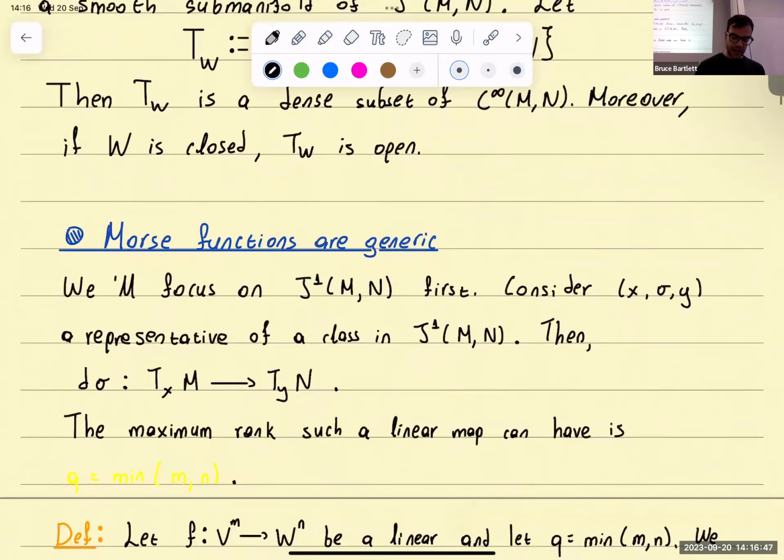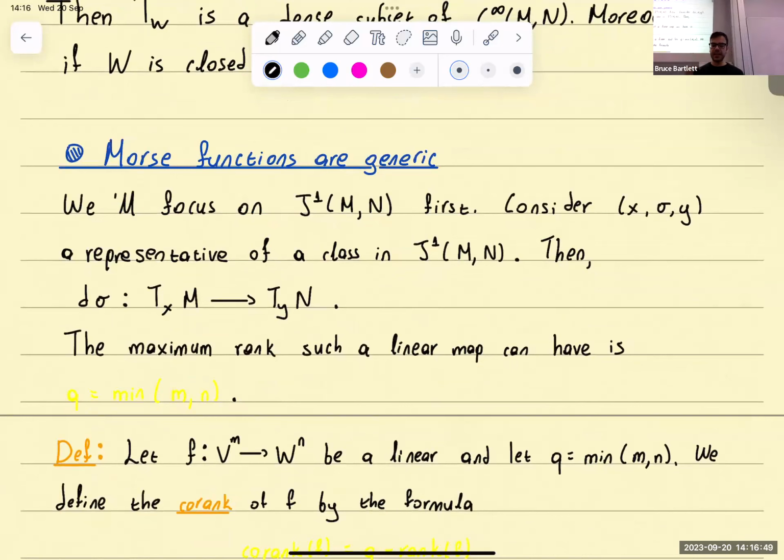But first I want to prove in detail that Morse functions are generic, because the argument is quite nice. So the space of Morse functions is open and dense in the space of all smooth functions.